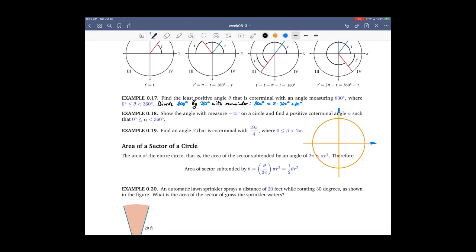All we need to do is divide negative 45 degrees by 360 degrees, I'm sorry, with remainder.